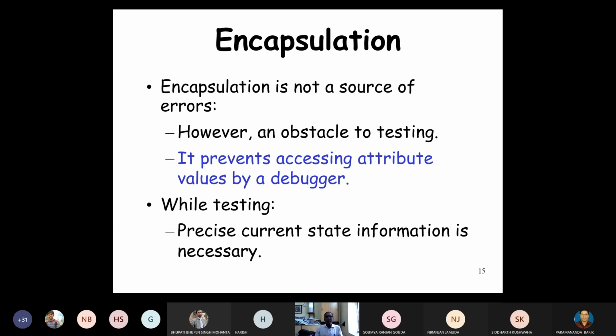Rather, their presence makes the life of the tester much more difficult. How? Next we'll see how these object-oriented features complicate the testing of object-oriented programs. This we will discuss in the next class.